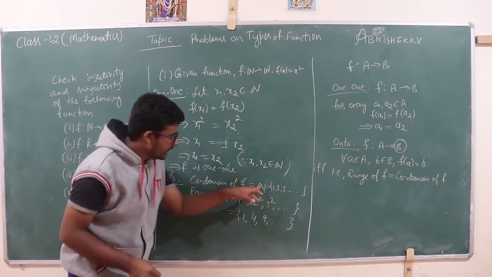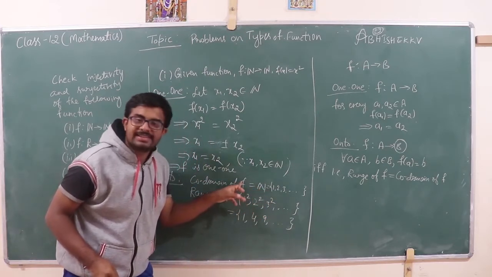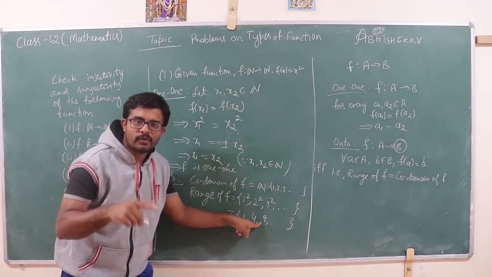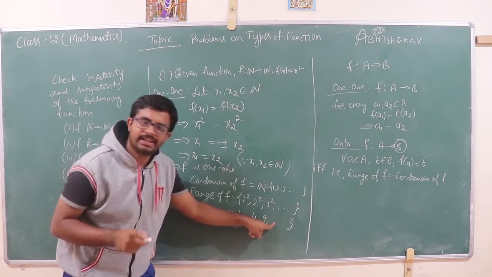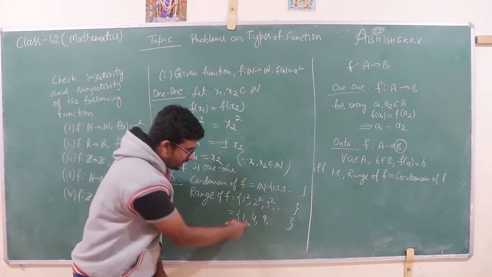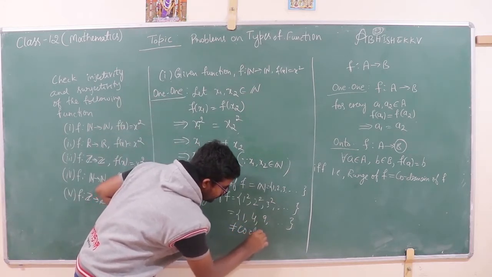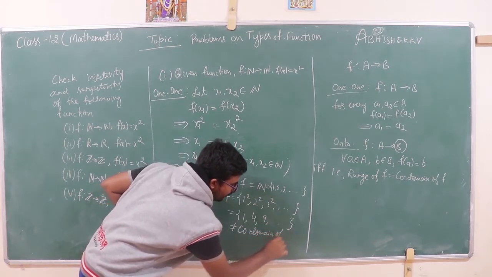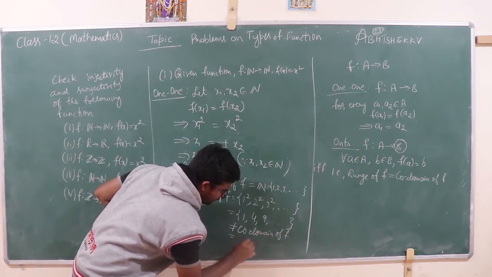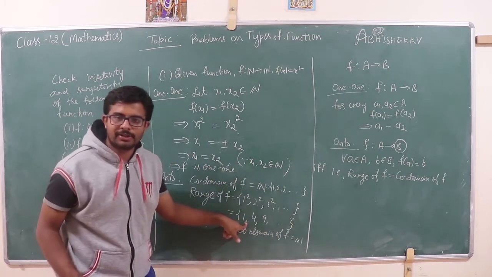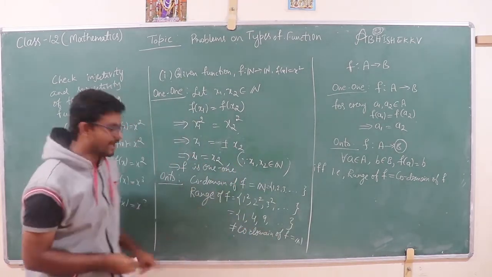The set of natural numbers is the codomain, but here we are missing 2, 3, then 5, 6, 7, 8, and so on. So the range should not be equal to the codomain of f. The codomain of f is the set of natural numbers, and the range is not equal to the set of natural numbers.